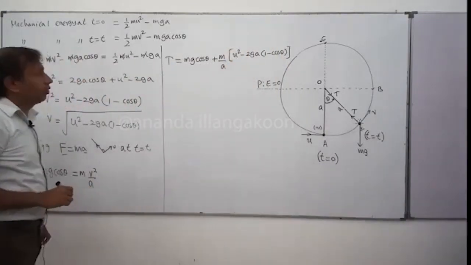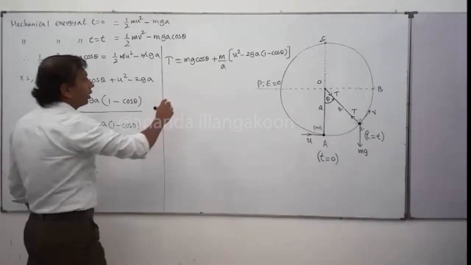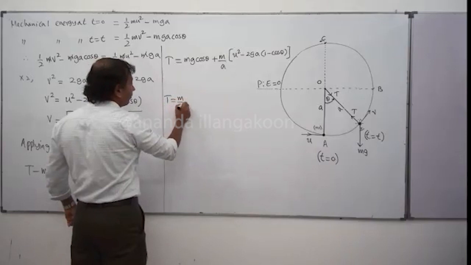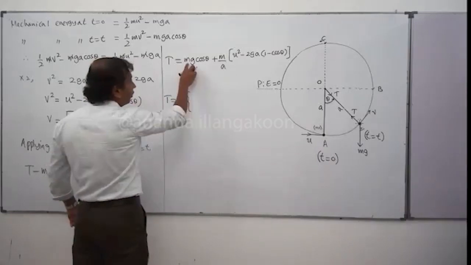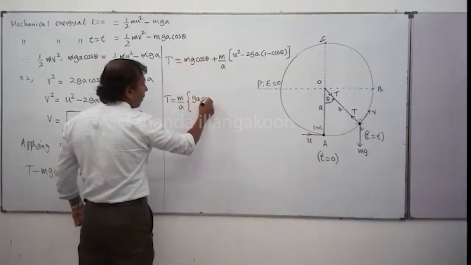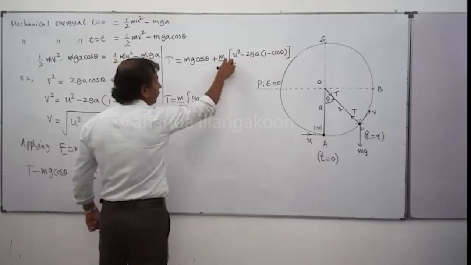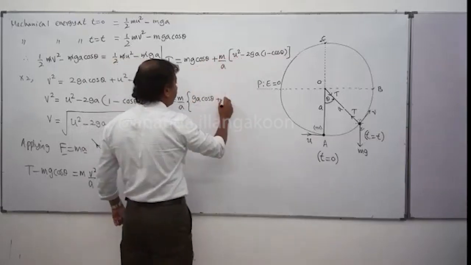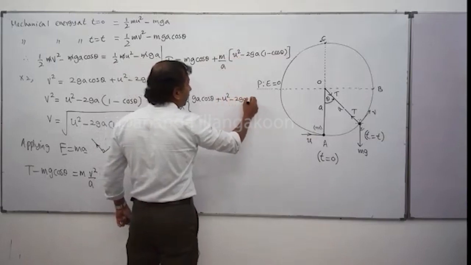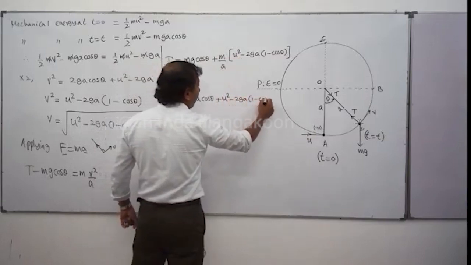Now, we can simplify this a little bit. We can take m upon a out. Here we don't have a, divided by a, multiplied by a, then we get gA cos theta here. And here, when I take m upon a out, here we have u squared minus 2gA times 1 minus cos theta.